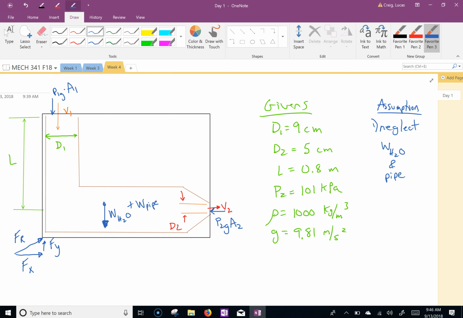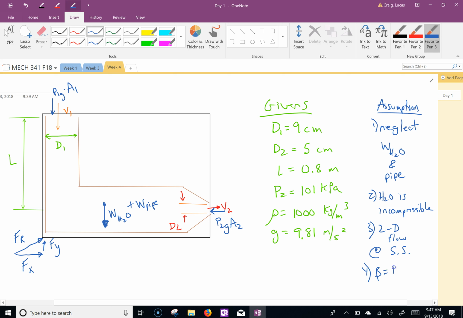So, other assumptions. H2O is incompressible, so that validates our density. We have 2D flow at steady state. And do you remember beta?